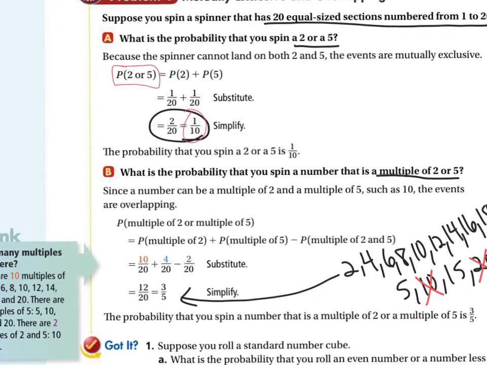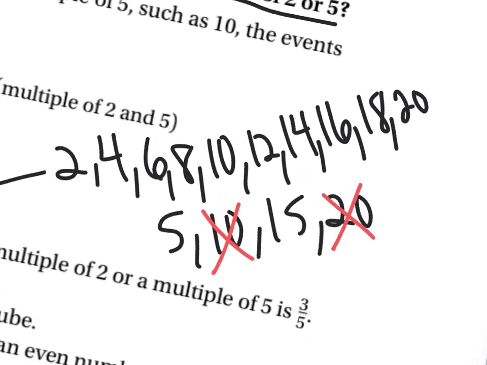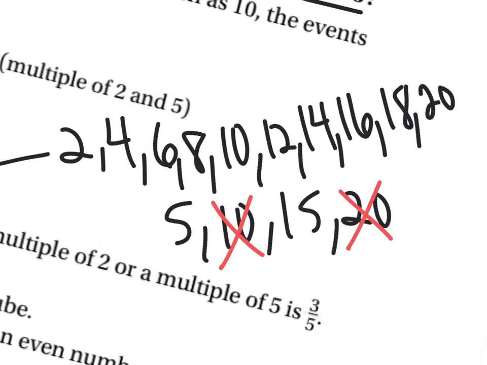Part B, what's the probability you spin a number that is a multiple of 2 or 5? So multiple of 2 or 5, if we list out the multiples of 2, we've got 2, 4, 6, 8, 10, 12, 14, 16, 18, 20. Multiples of 5, we have 5, 10, 15, 20. And again, just a little different way than what the book's showing you.